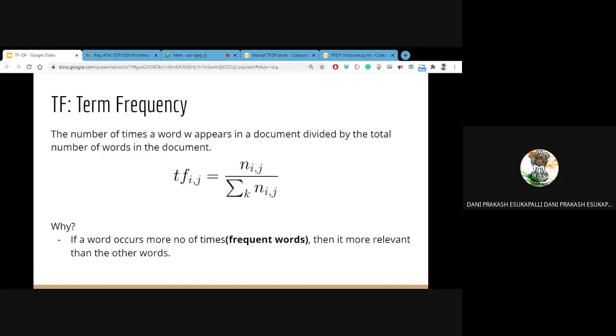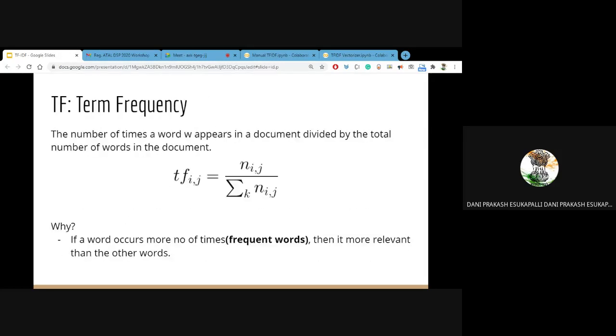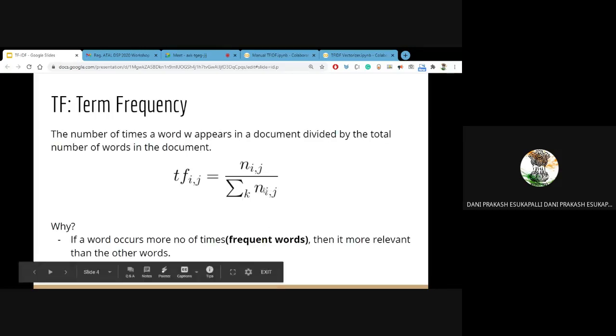TF-IDF is made of two terms. First one is term frequency, and second one is inverse document frequency. The definition of term frequency is the number of times a word W appears in a document divided by the total number of words in the document. So TF equals n, the number of times a word appears in a document, divided by the total number of words in the document.